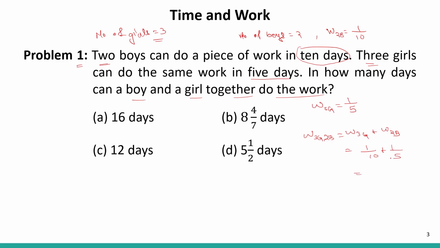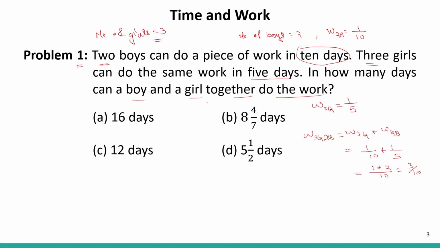Adding these two fractions, the denominator is 10 and the numerator will be 1 plus 2, that is equal to 3 by 10. So this will be the combined work rate.